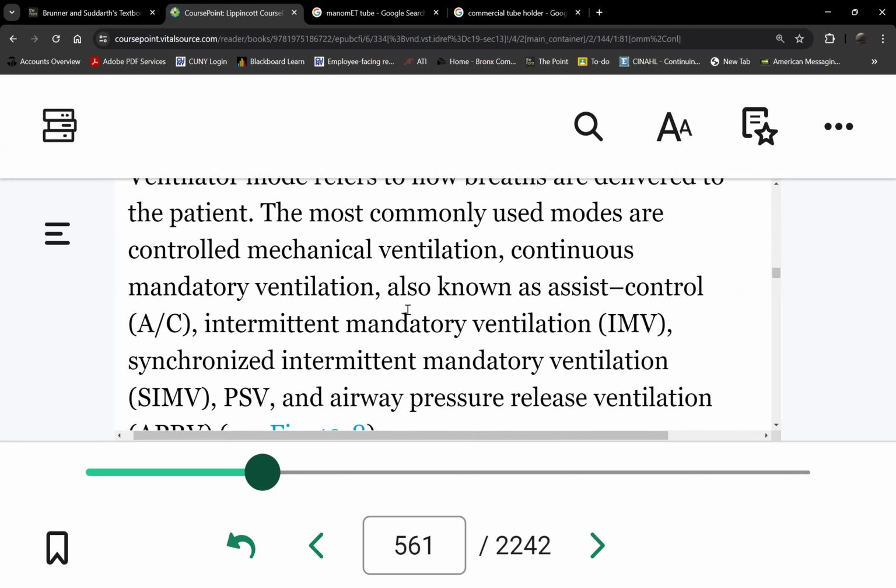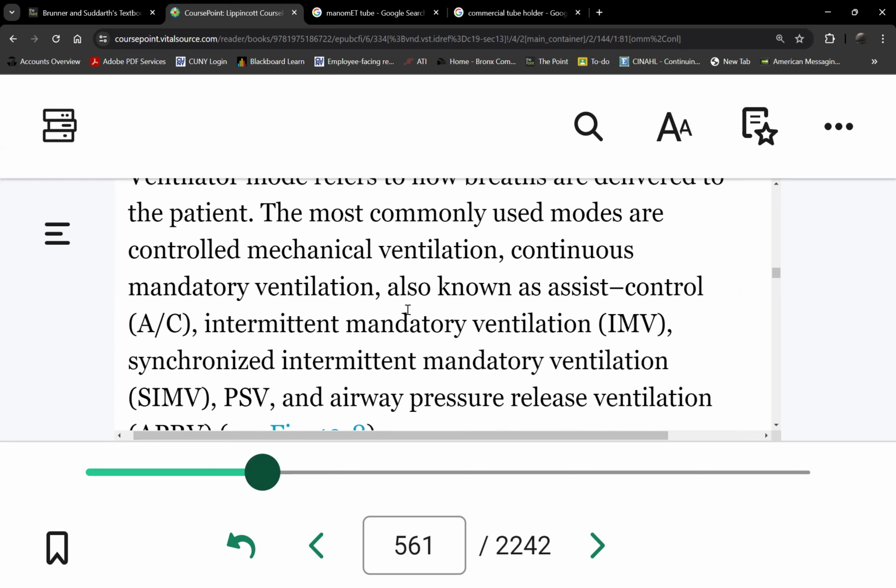So the ventilator is in charge of everything. So that's why we call it control mode, meaning who's in charge? The ventilator. So the patient in that mode has no say or participation in his breathing at all. So all ventilation is done by the ventilator. All right, you understand?